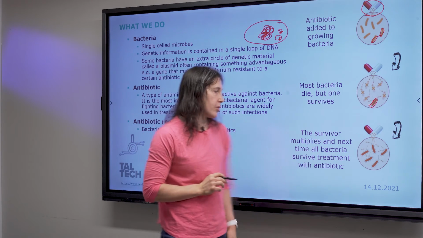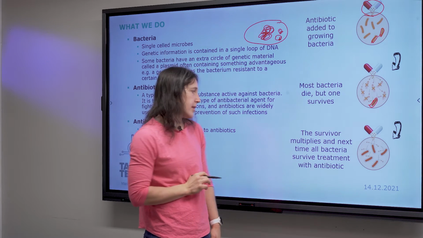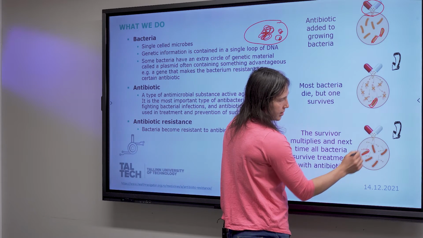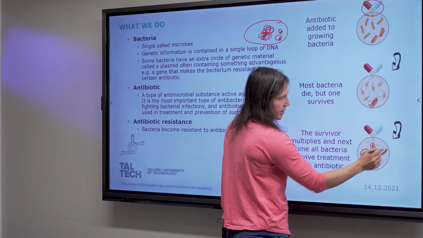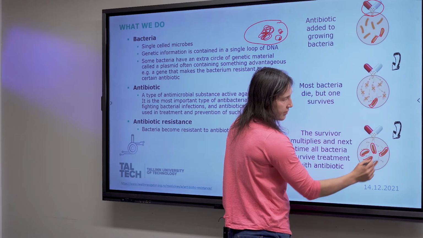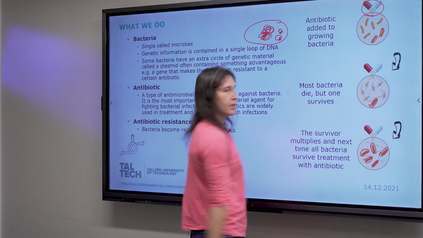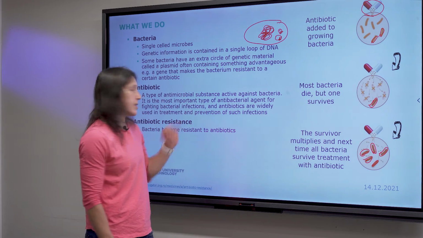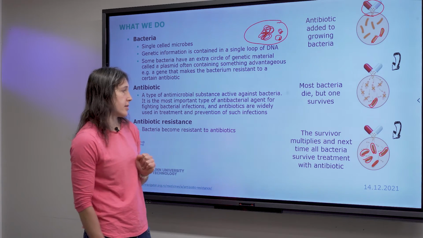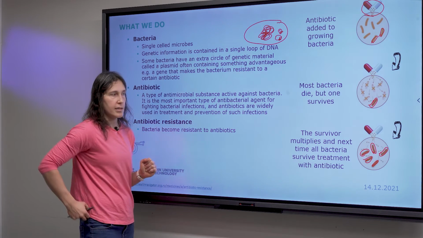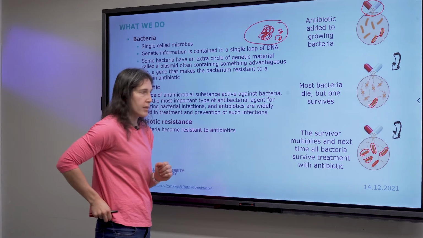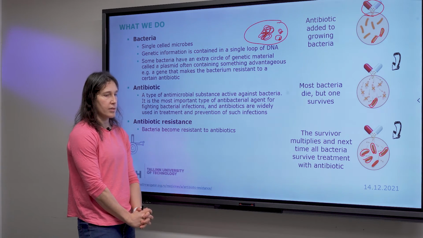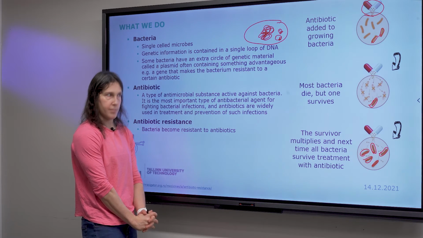Then next time when you add the antibiotic, because they're all the same genetically, they all suddenly survive. This is what happens when bacteria are resistant to antibiotics. And it's happening a lot in the world now, with bacteria becoming more and more resistant. So it's quite a serious problem.